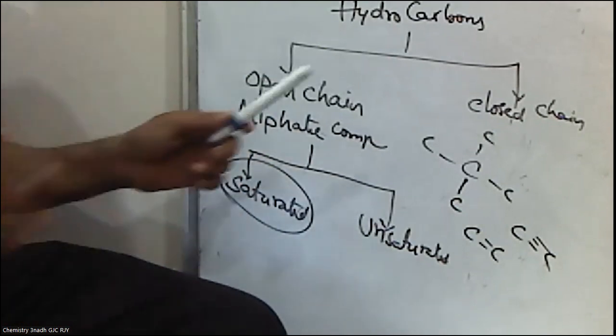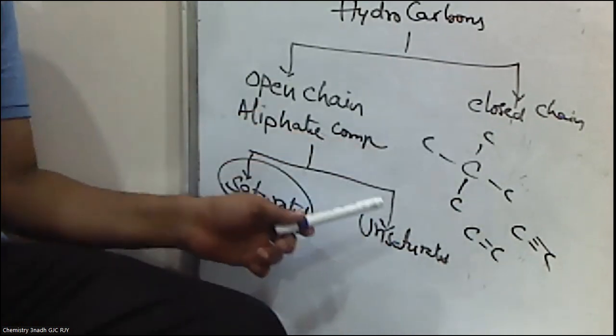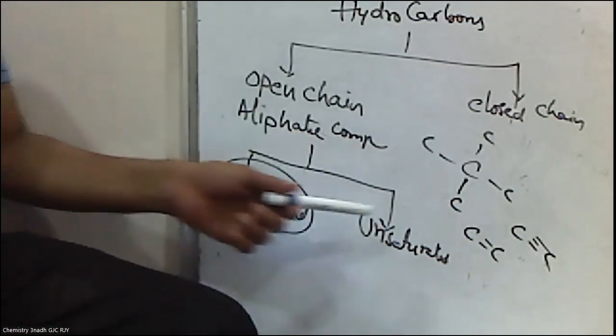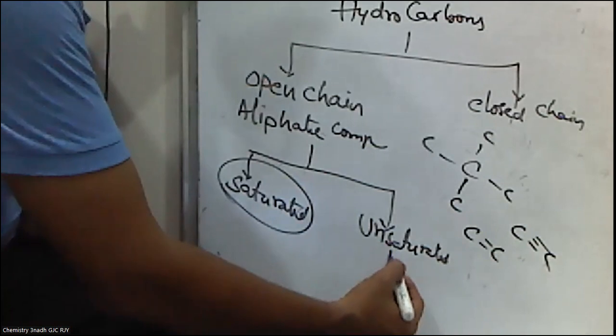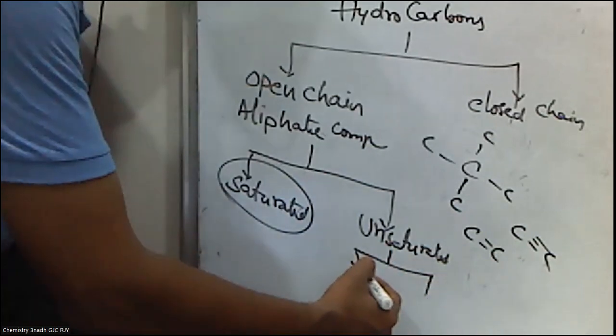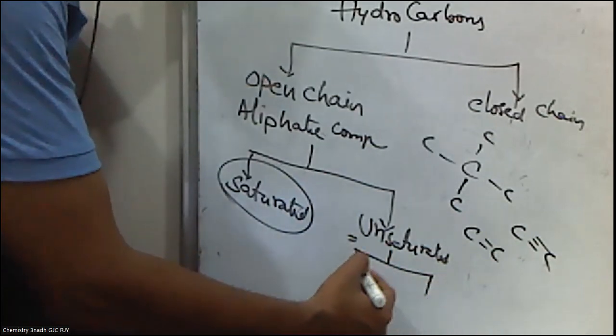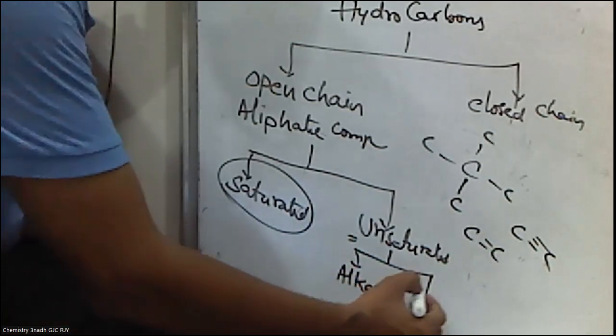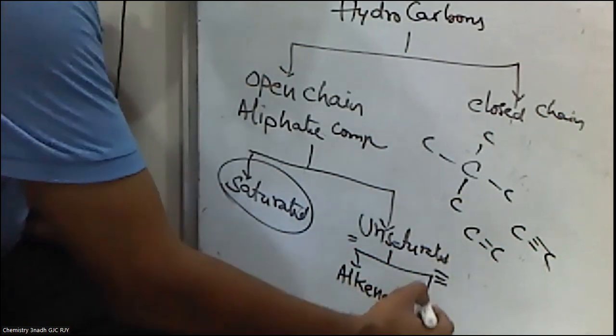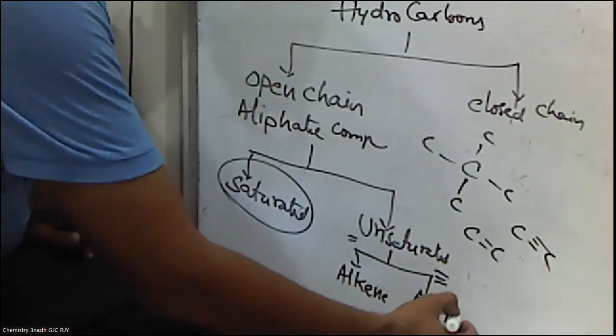If it contains a carbon double bond or triple bond, those are called unsaturated hydrocarbons. These unsaturated hydrocarbons are again classified into two types. If it contains a double bond, those are called alkenes. If it contains a triple bond, those are called alkynes.